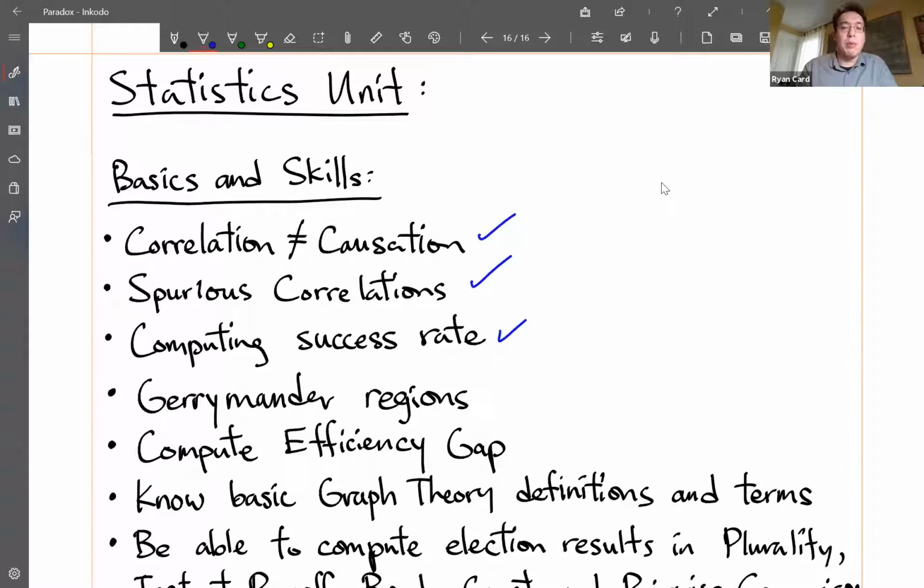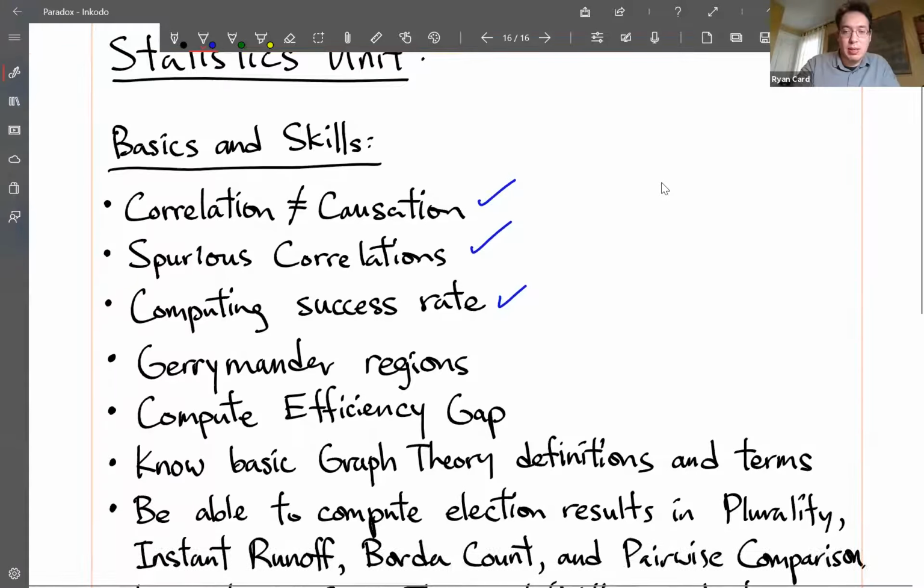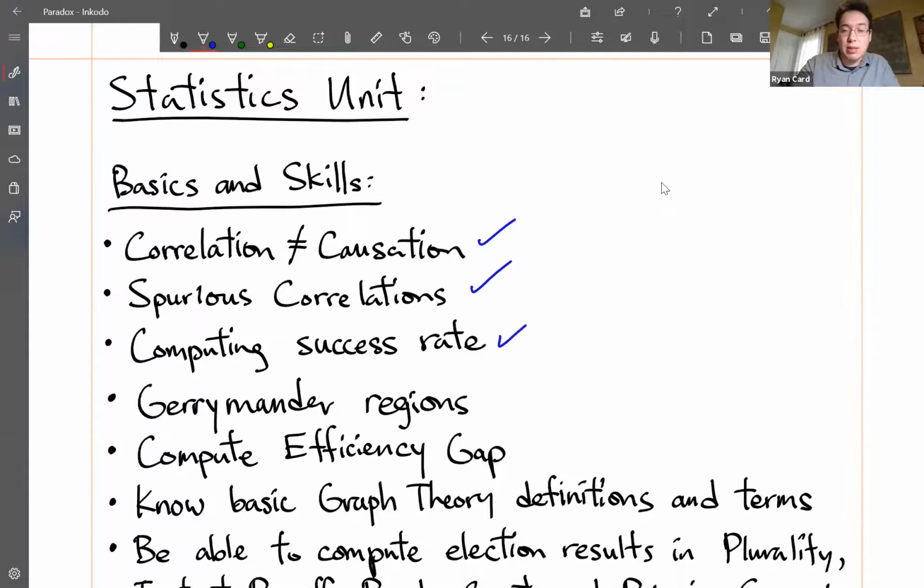Maybe it's phrased in terms of batting averages or assassins being able to kill their target. But you should be able to do that type of basic arithmetic to compute which is better in which situation.